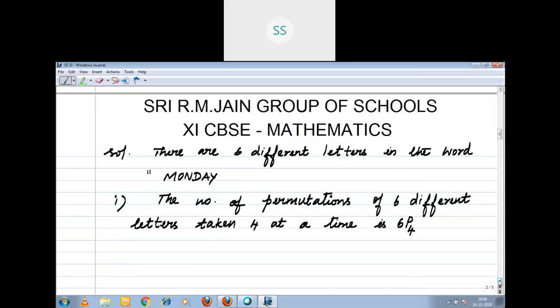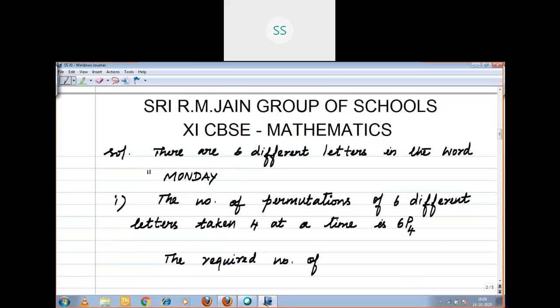Number of n things taken r at a time, that concept, right? r at a time means only 4. The previous one, the 8th question, number of n different things taken n at a time, all the things, all at a time.